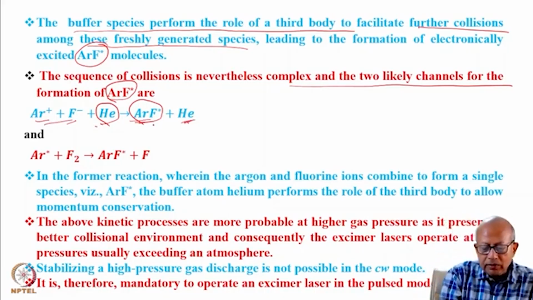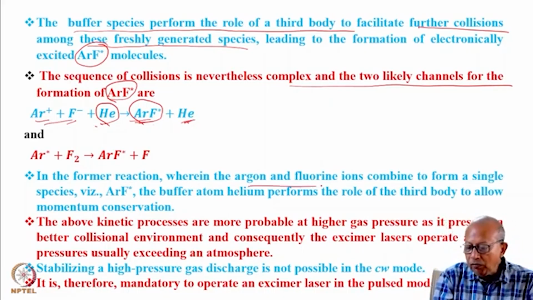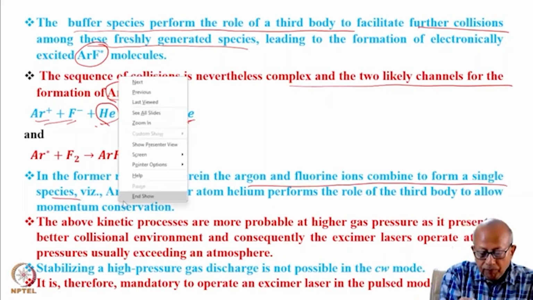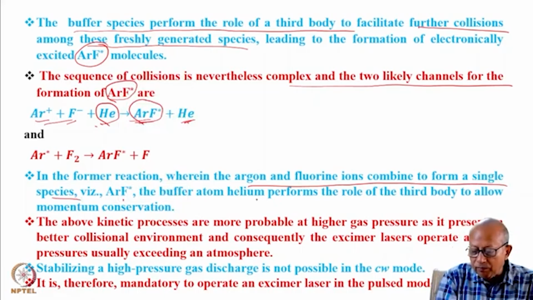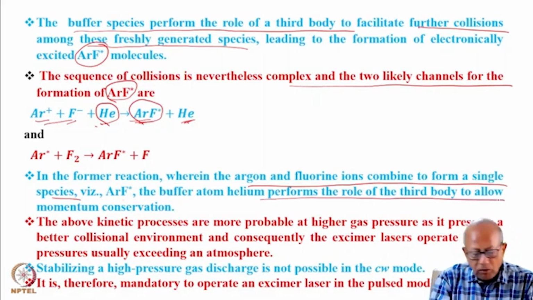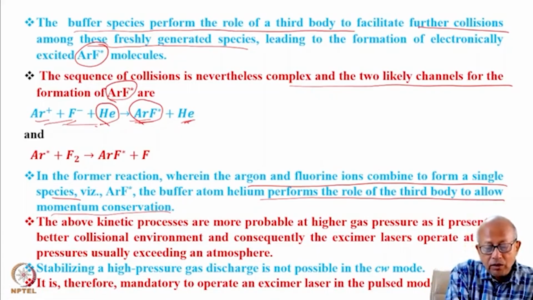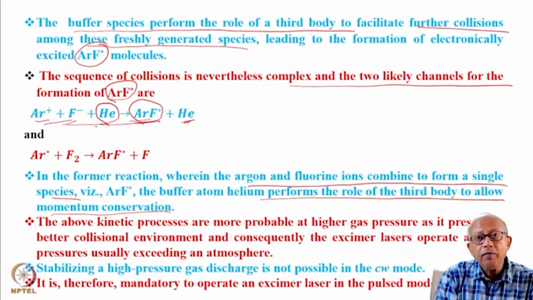See, in this, the argon and fluorine ion combine to form a single species. The presence of the buffer atom, helium, performs the role of the third body to allow momentum conservation. Without helium, momentum conservation will be very difficult, and this reaction will be very, very improbable.